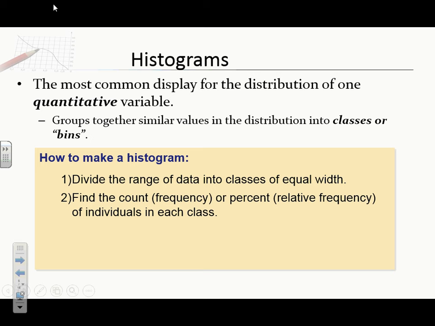So basically, what are you creating here? I have a range of values, a class, and I'm counting how many individuals fall into each class. What does that remind you of from last week?